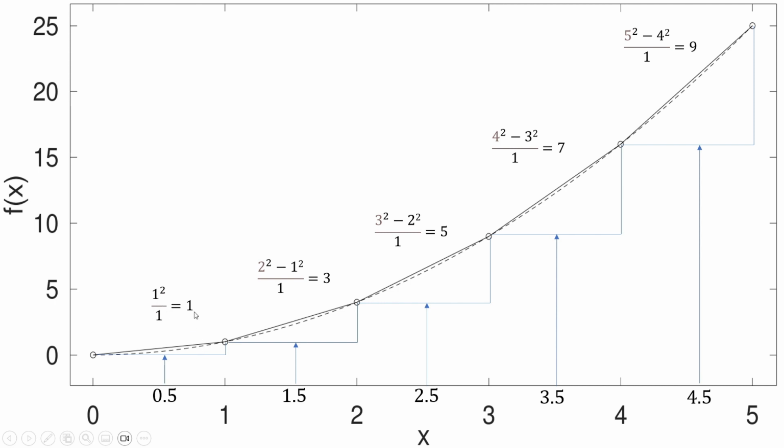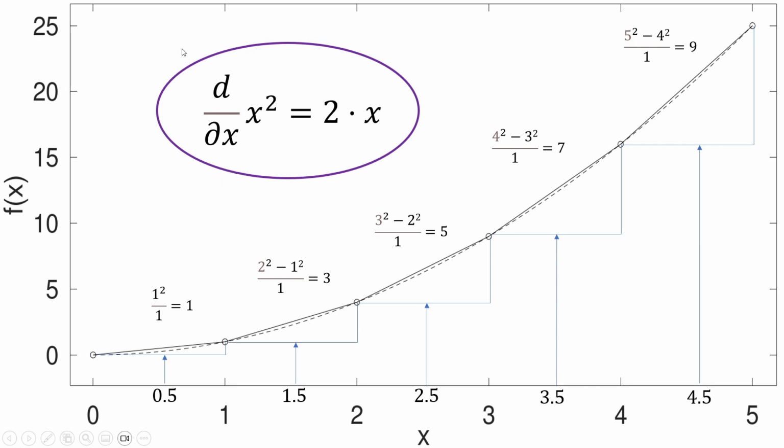Notice that 1 is equal to 2 times 0.5, 3 is equal to 2 times 1.5, 5 is equal to 2 times 2.5, so it's just 2 times the midpoint value of the interval where you want to know the average change. And remember, d by dx of x squared, the derivative, is just equal to 2 times x.